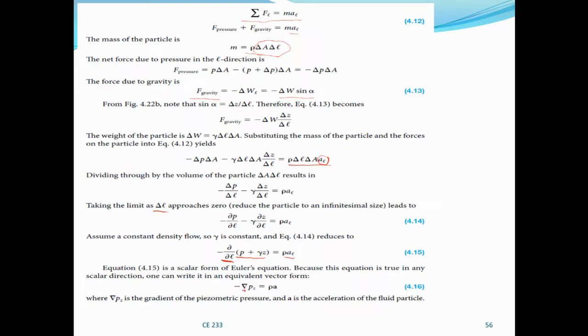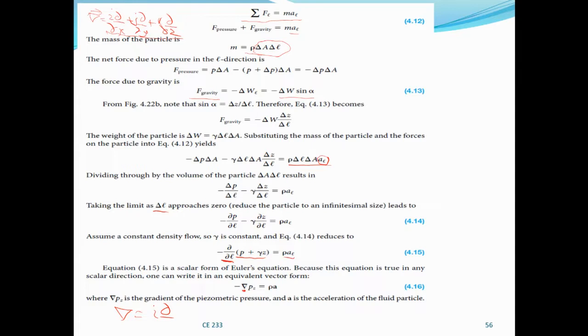You remember when discussing the acceleration field, we discussed the gradient. The gradient is a vector: i del/del x plus j del/del y plus k del/del z. So it takes care of all the directions x, y, and z.